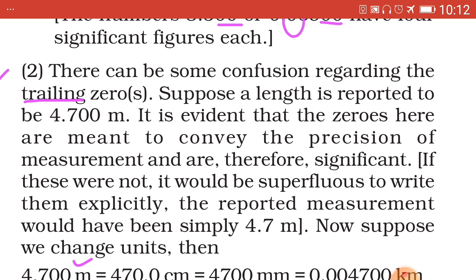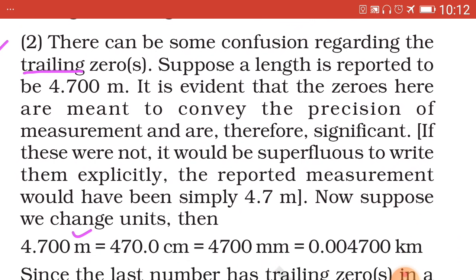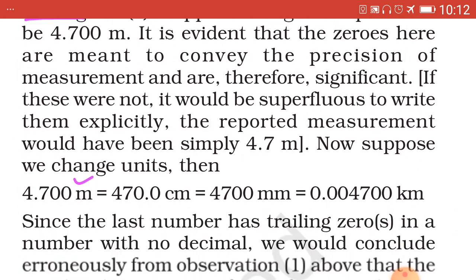Example of trailing zeros: 4.700 is the observation of a length. Now suppose in this we change the units. 4.700 meter equals 470 centimeter. If you multiply by 100, then it will be equal to 470.0 centimeter, equal to 4700 millimeter.